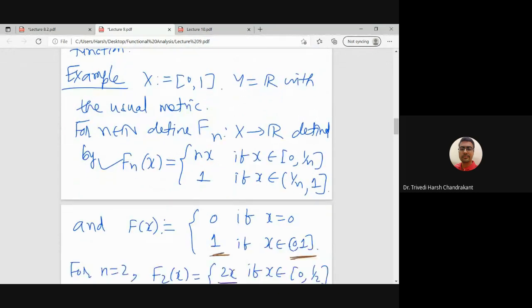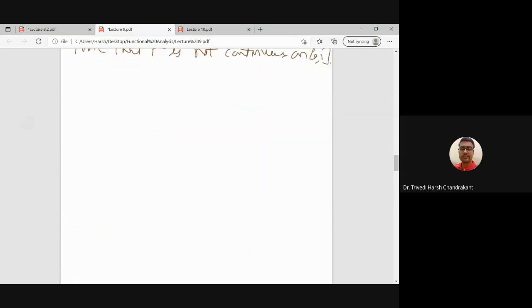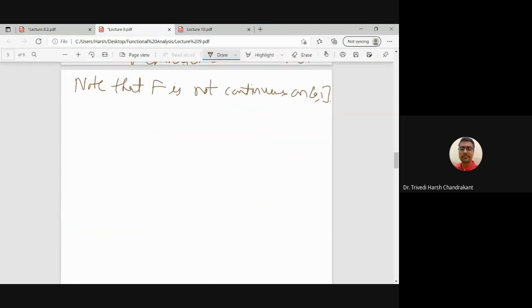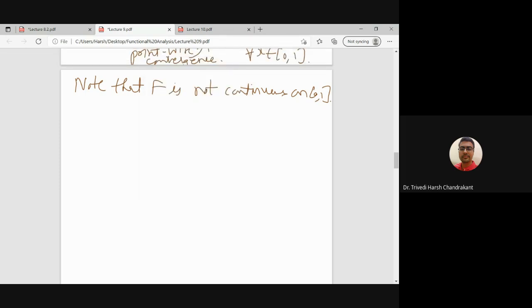Each fn is continuous from the graph itself, but its limiting function f(x) is not continuous on the closed interval 0 1. So pointwise convergence is not enough to ensure the continuity of the limit function. So therefore we are using the notion of uniform convergence.